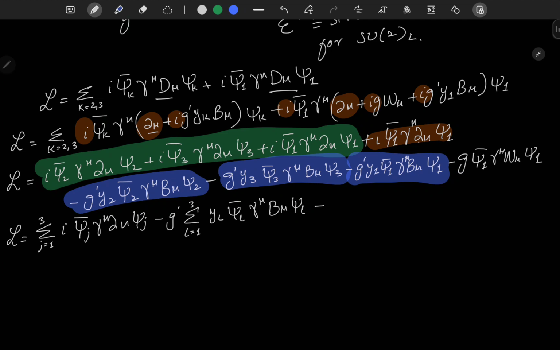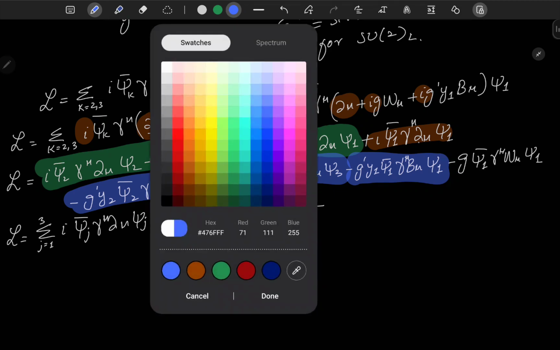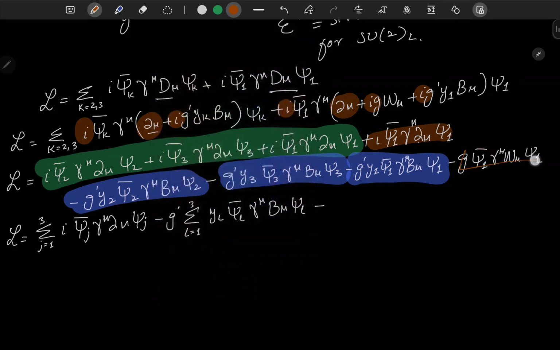And then I have a unique term at the end, let's highlight that so it does not feel left over: minus g psi1 bar gamma mu w mu psi1.